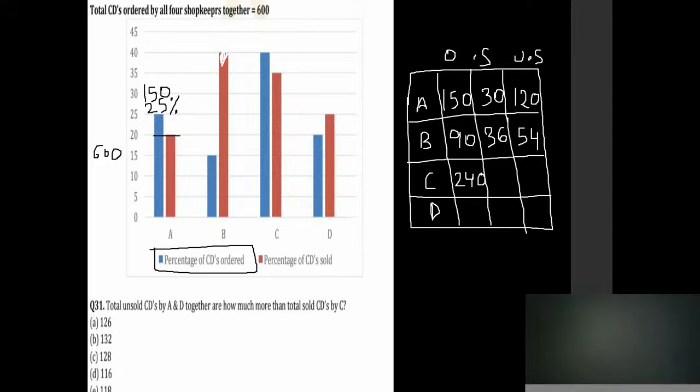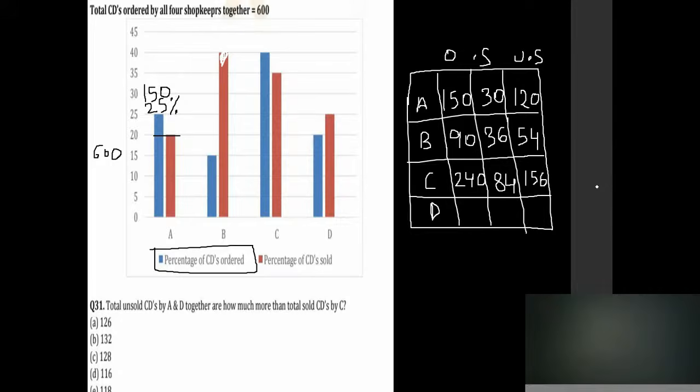In this 240, Shop C is able to sell 35%, which is equal to 84. So 84 CDs were sold. Next, unsold CDs means 240 minus 84, which is equal to 156. Shop C is unable to sell 156 CDs.